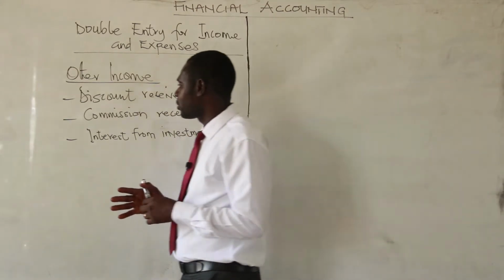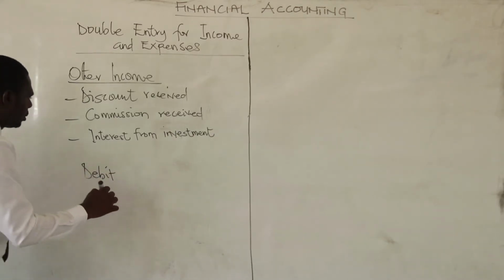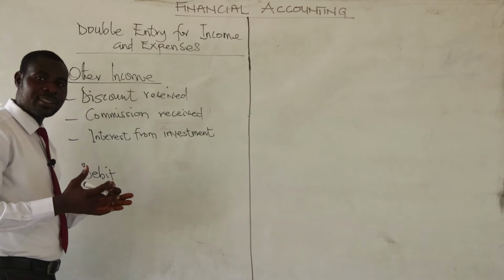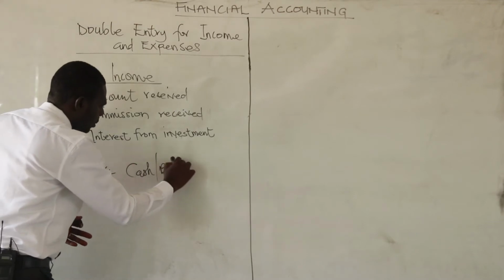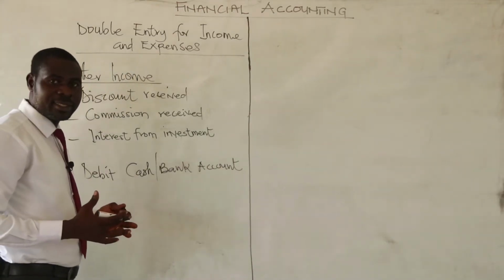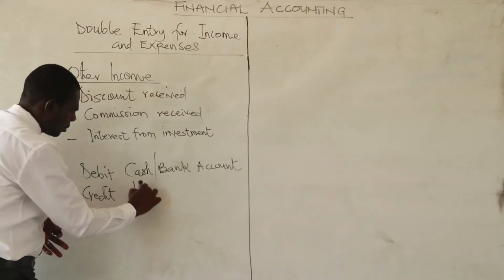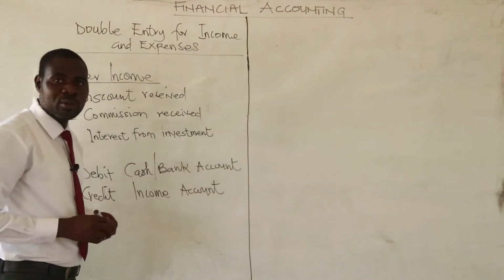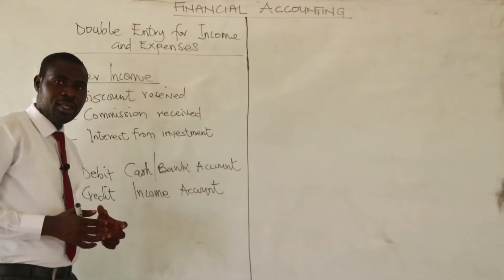So the double entry is: we will debit the cash or bank account, and credit the income account, with the amount of cash received. So this is how we go about this.